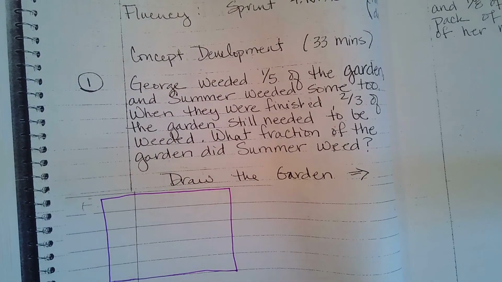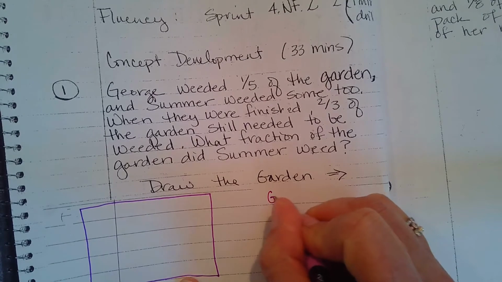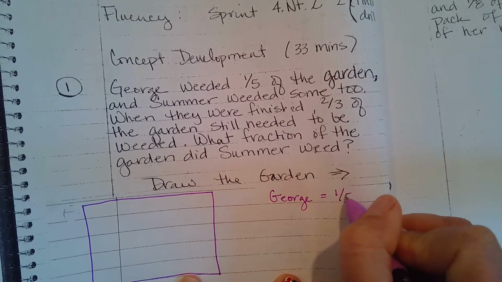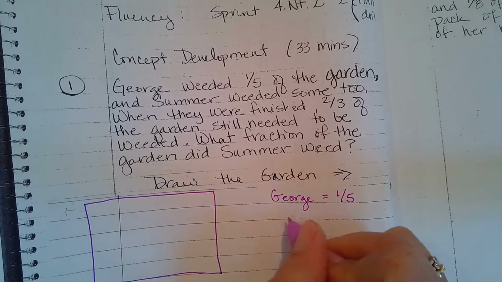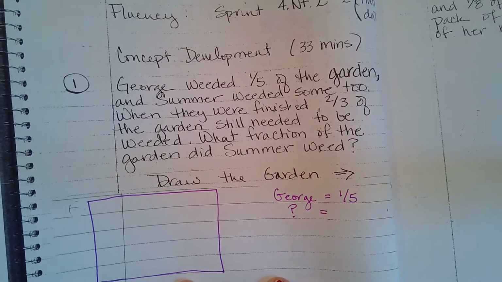All right, so 1/5 of the garden. So we have George equals 1/5, and Summer weeded some too. So then we have an unknown.